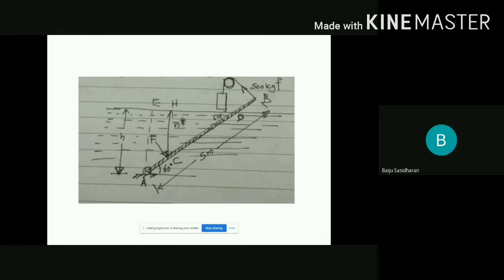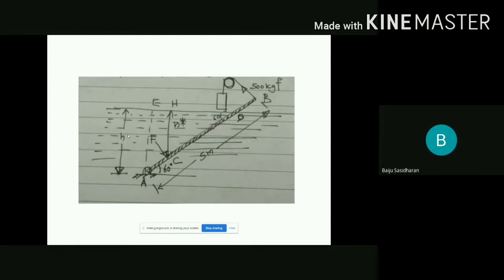It is supported by a counterweight of 500 kilogram force. Due to this counterweight, it is supporting this water.